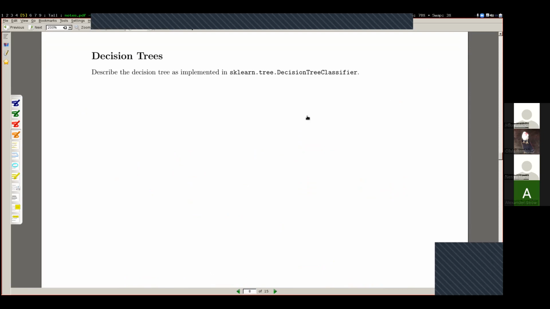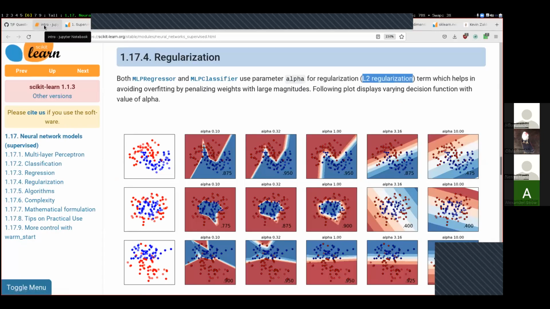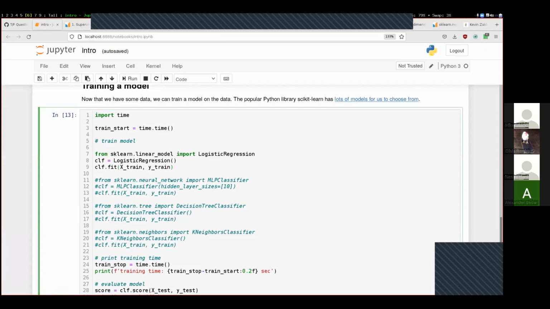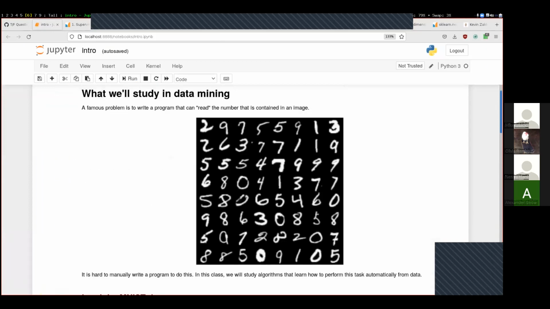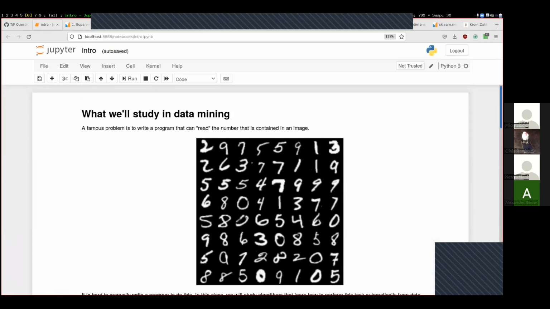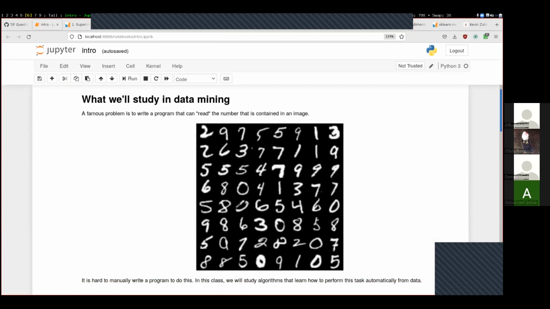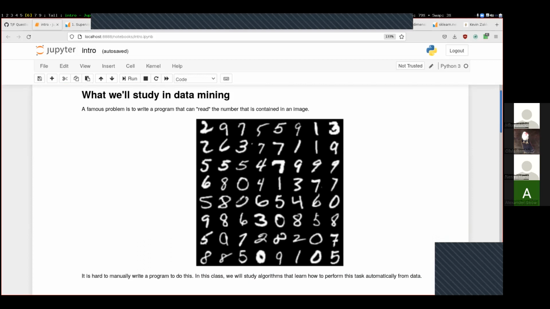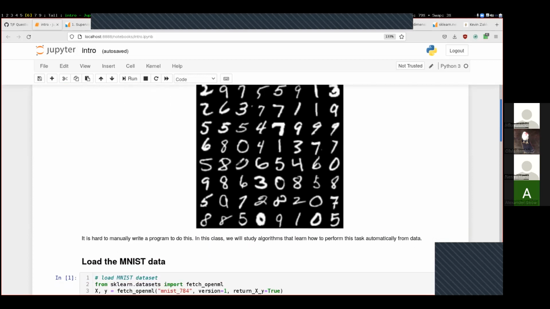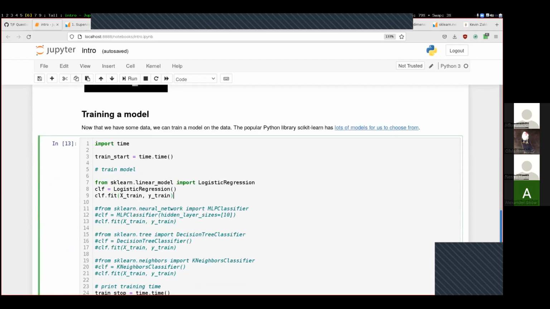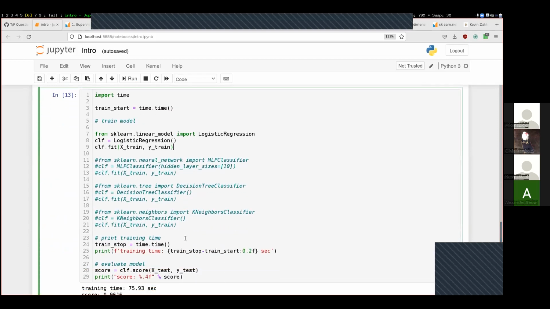One last thing that I wanted to say: at the very beginning of the semester, many weeks ago now, we started off talking about this particular problem right here, where our input was a bunch of numbers, and we wanted to figure out how to write a program that's going to read these numbers for us.